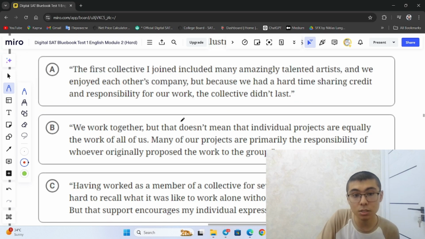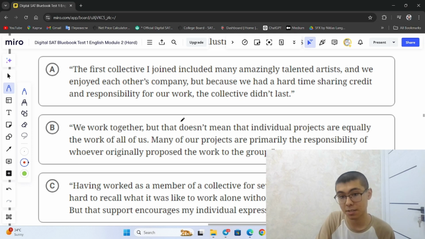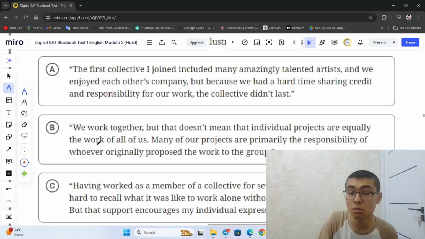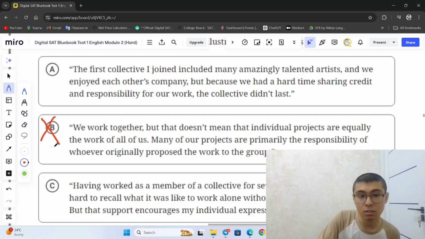B: We work together, but that doesn't mean that individual projects are equally the work of all of us. Many of our projects are primarily the responsibility of whoever originally proposed the work to the group. It's not saying that working together can be bad, right? It's just making a claim about a feature of working together. So B is wrong.